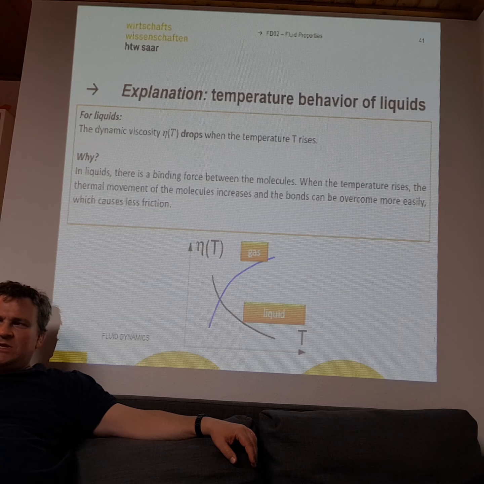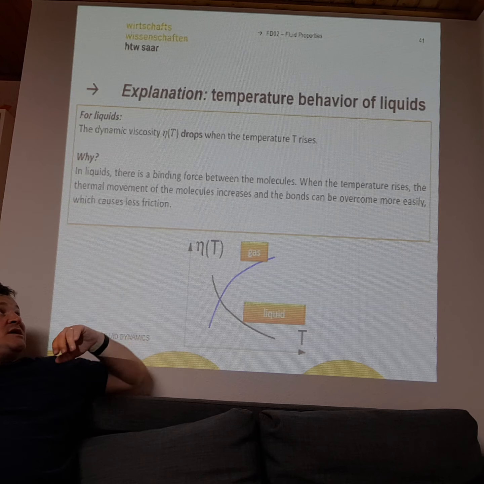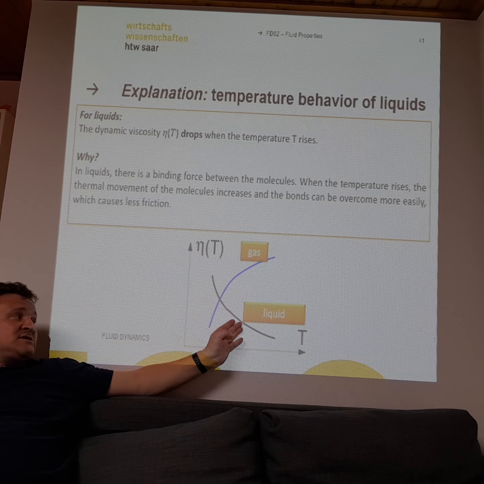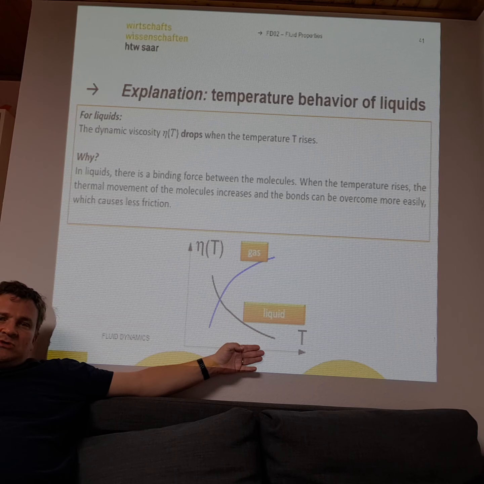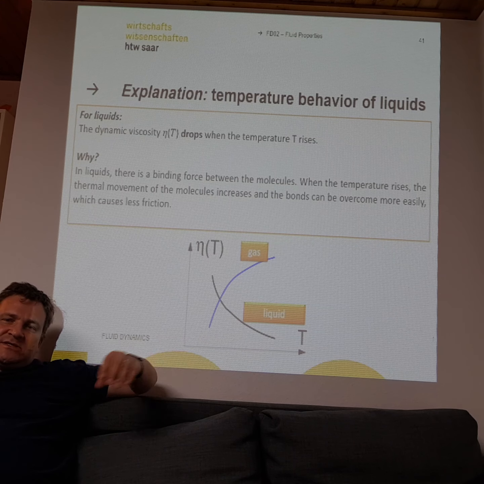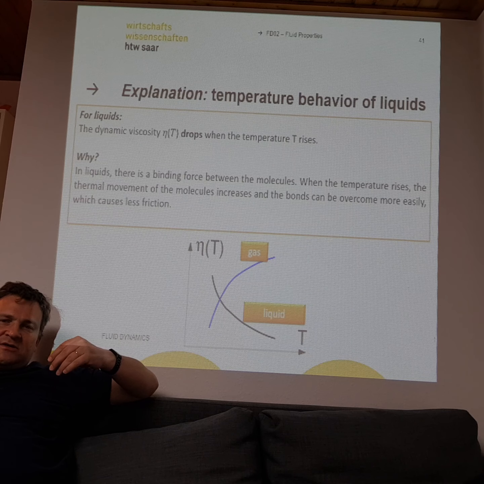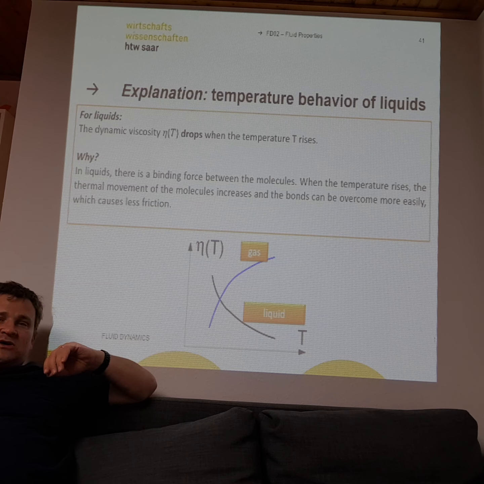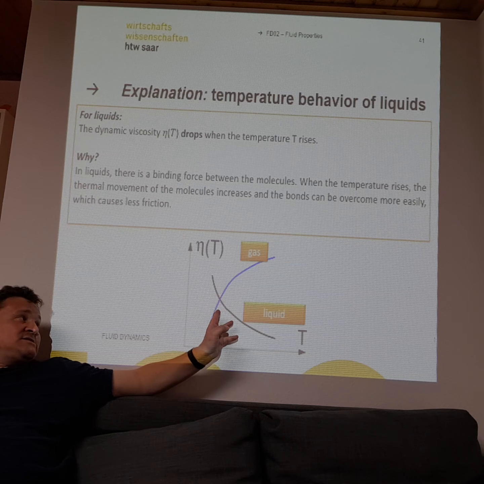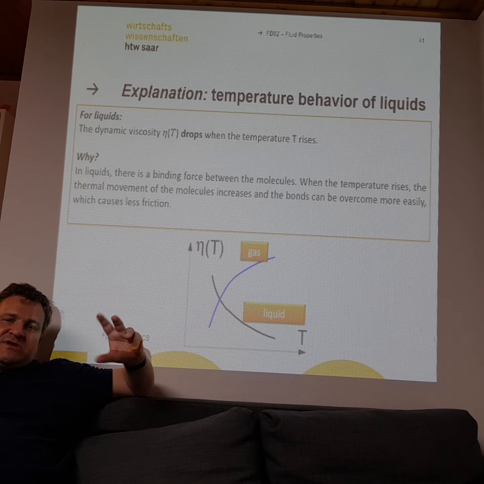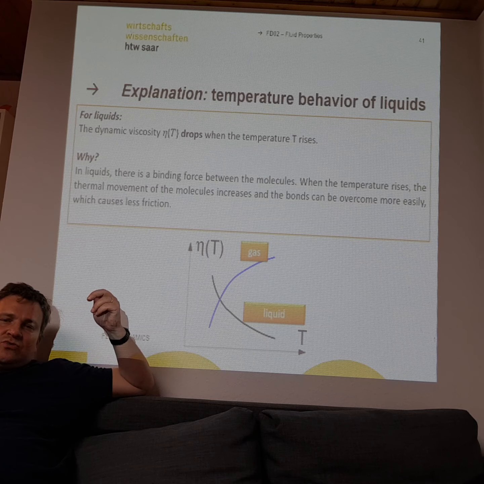Okay, here again is an explanation. If you have a liquid and you raise the temperature, the molecules get faster and faster, and this means they have more space in between, and the viscosity goes down. If we have a gas, normally the distance between the molecules is not so big.